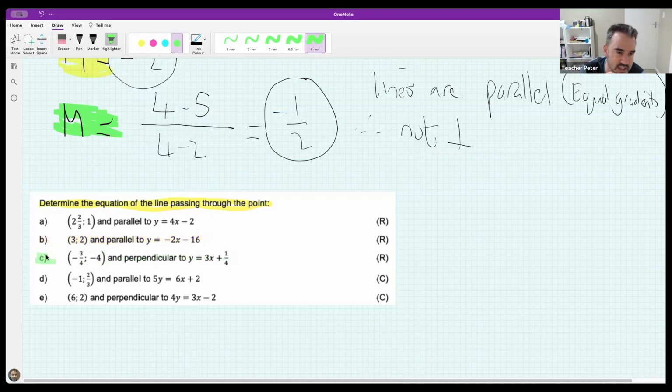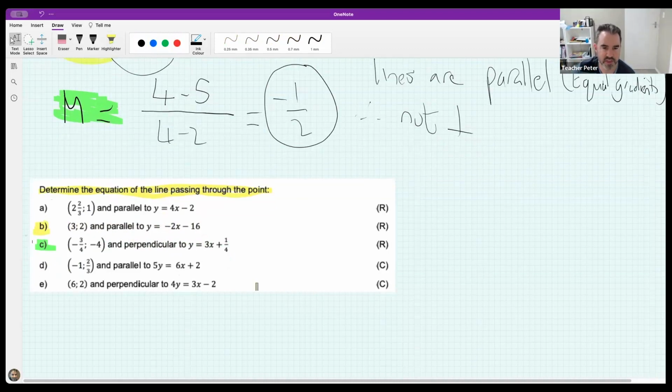You need to do C and you need to do B. I want you to try and find me the equation of the line that goes through 3, 2 and is parallel to this line. And then I want you to do the same for C. So off you go. You let me know if you have a question. I will monitor the chat. But I think you guys can fly solo for this for now, unless I see some questions.